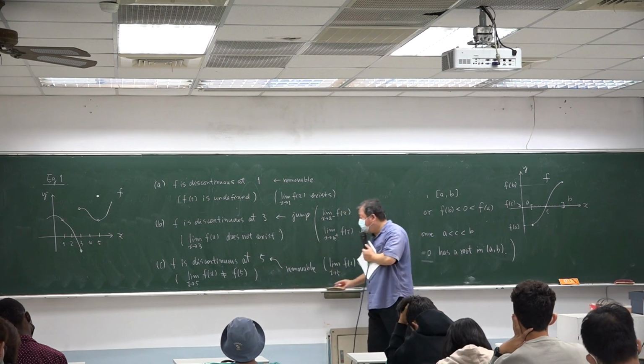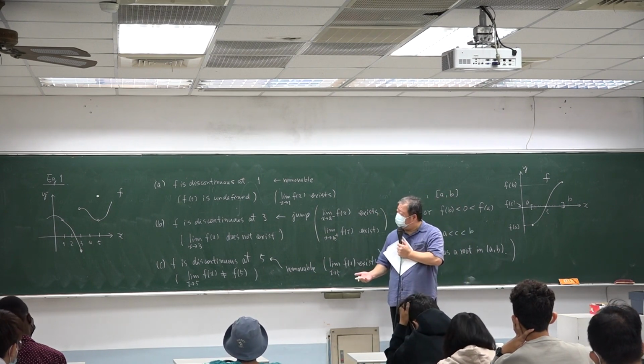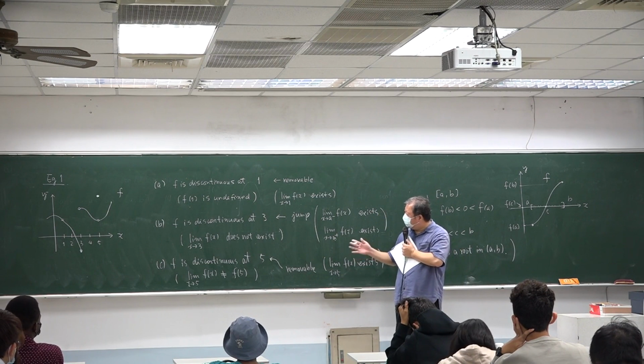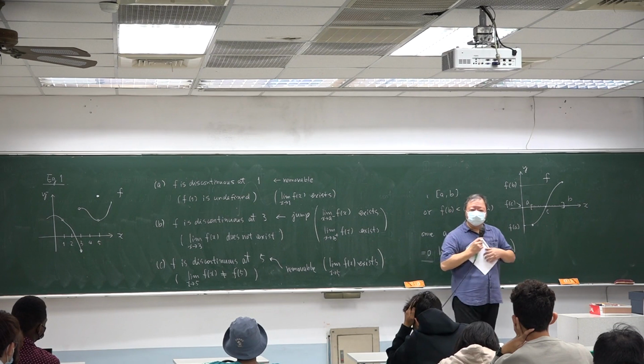So f has a limit at 5. Then f is continuous at every other number.